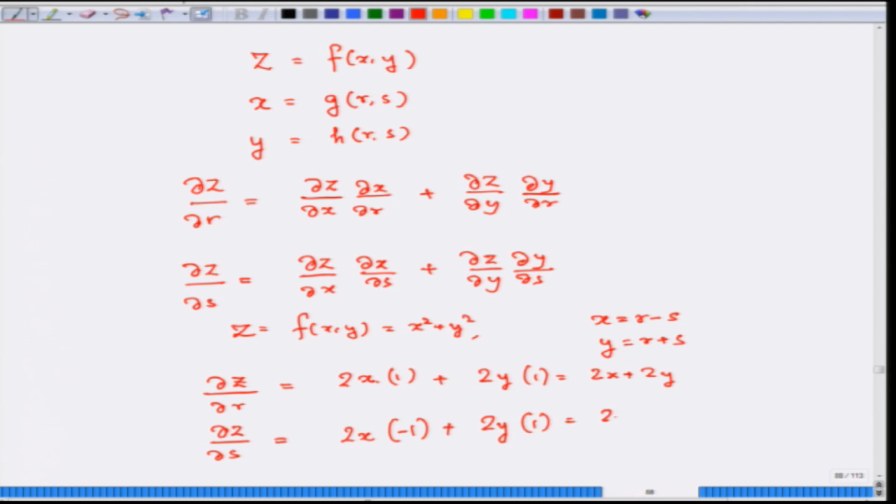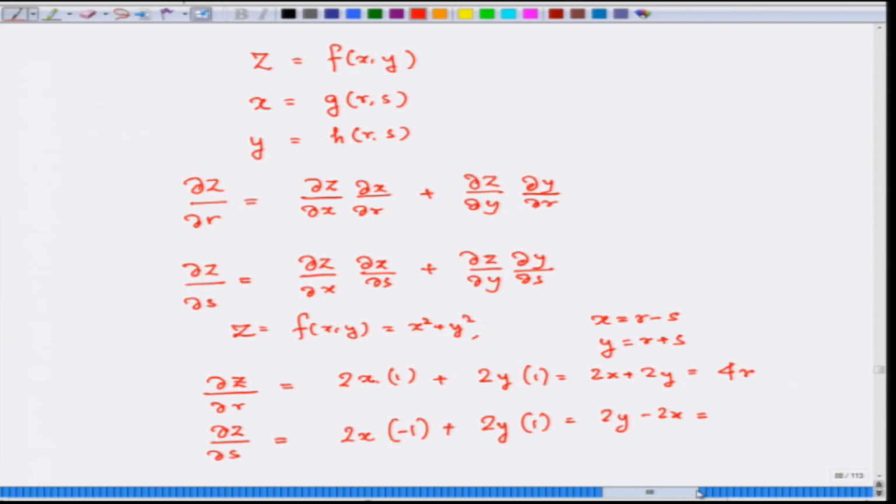So, it is 2y minus 2x, and that is simply the answer. Of course, now I have to express ∂z/∂r and ∂z/∂s also as functions of r and s. So, I will put down x as r minus s and y as r plus s, and this will become 4r and this will become 4s, that is it.